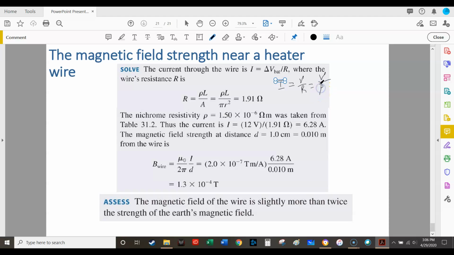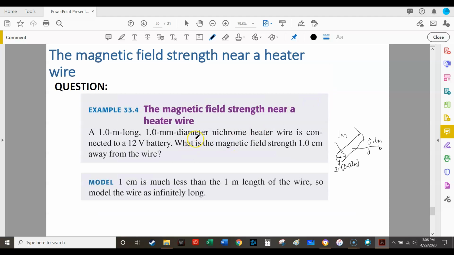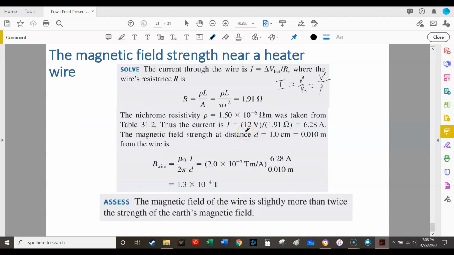Well, resistance is equal to, and I think they did say it's nichrome, so it's a nichrome heater wire.